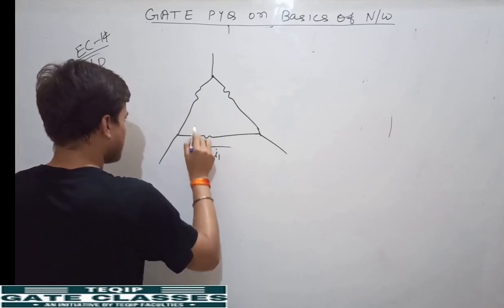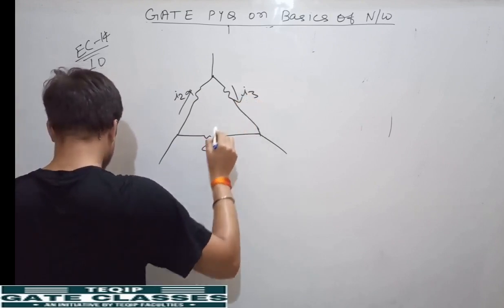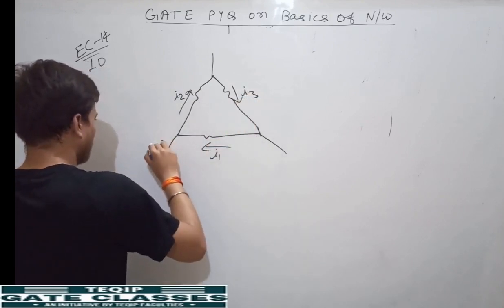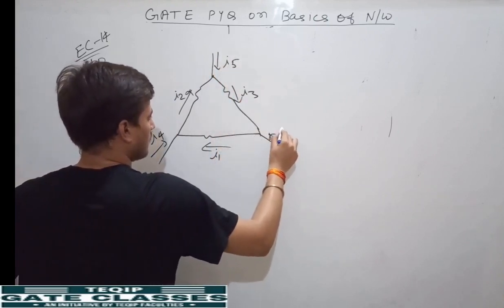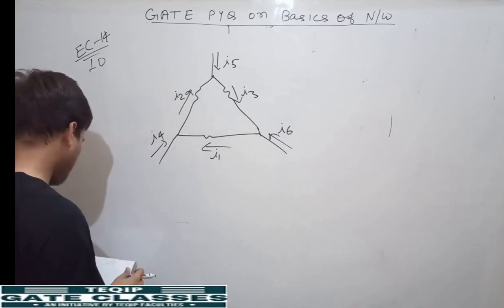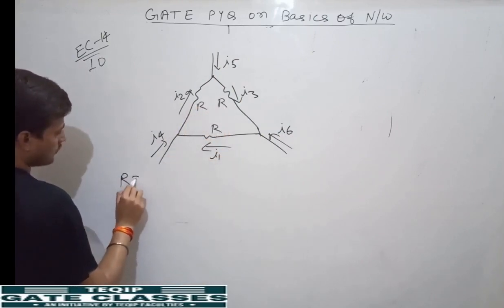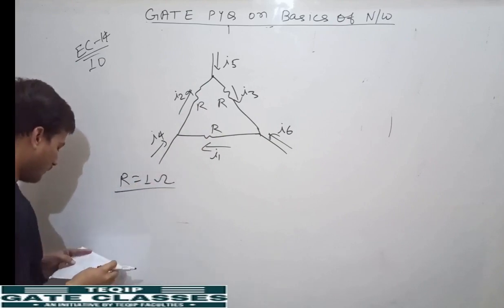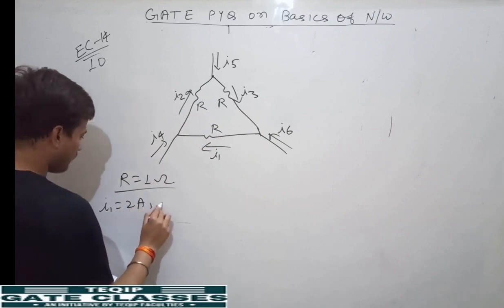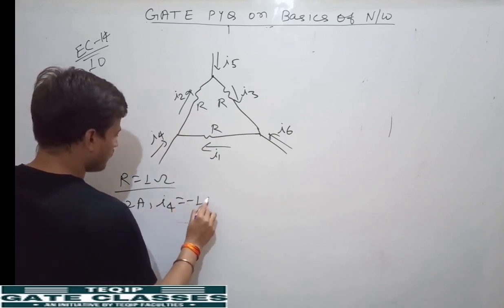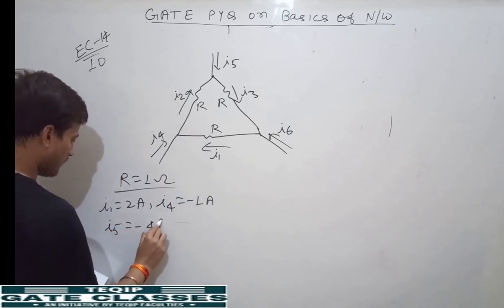I1, I2, I3, I4, I5 and I6. It is given that the resistances are R, and R is equal to 1 ohm. I1 is 2 ampere, I4 is equal to minus 1 ampere and I5 is equal to minus 4 ampere.